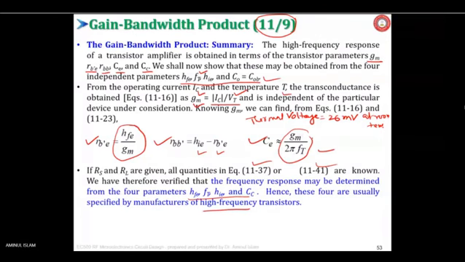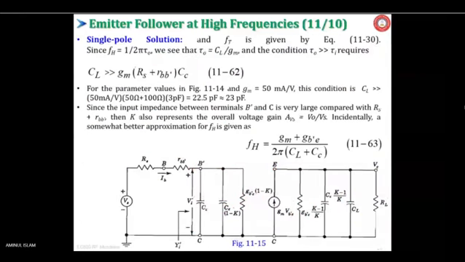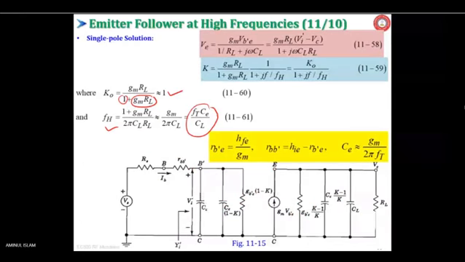Ce equals gm by 2 pi ft. From here you can write that equation. Okay, you'll be getting this one: gm by pi will be equal to ft Ce.